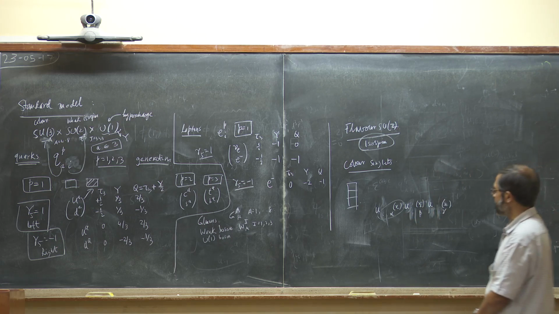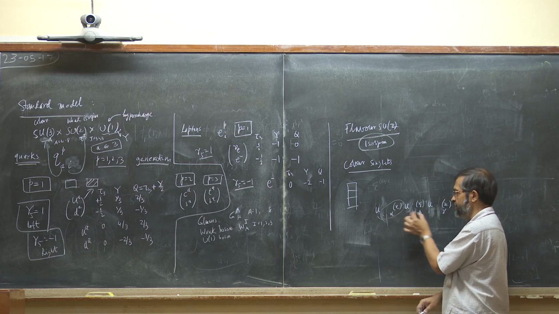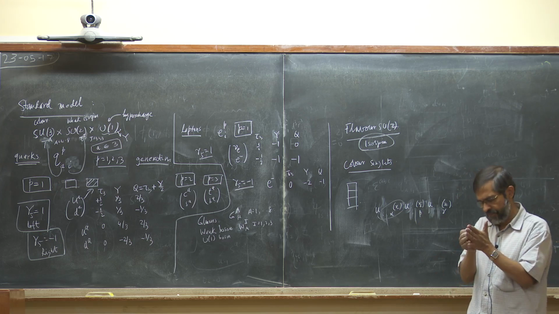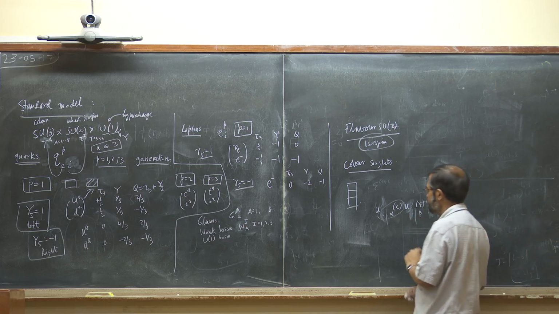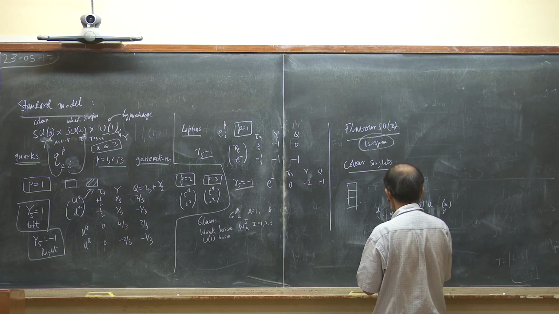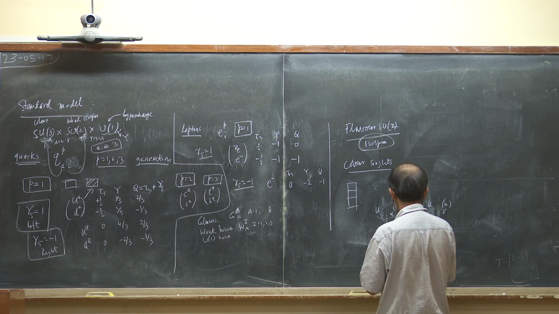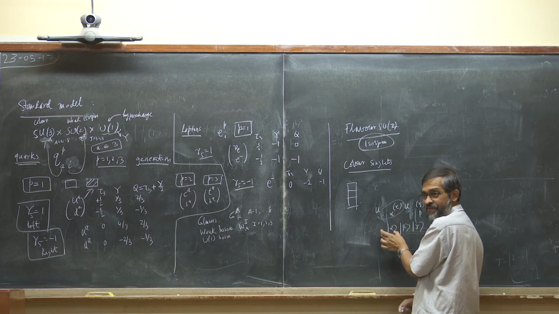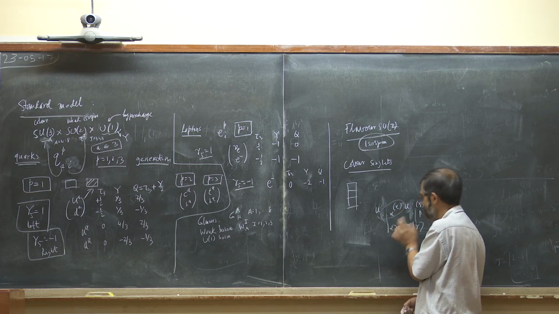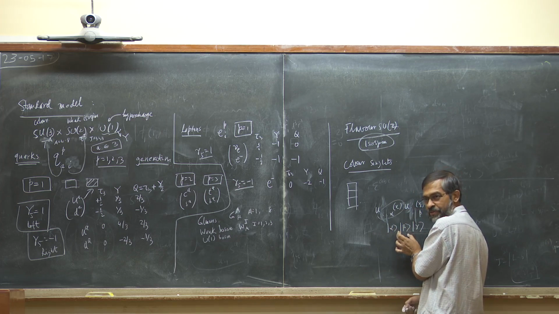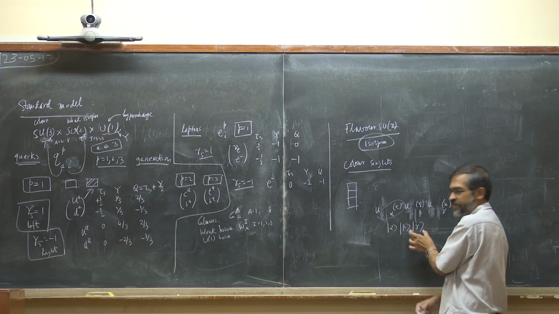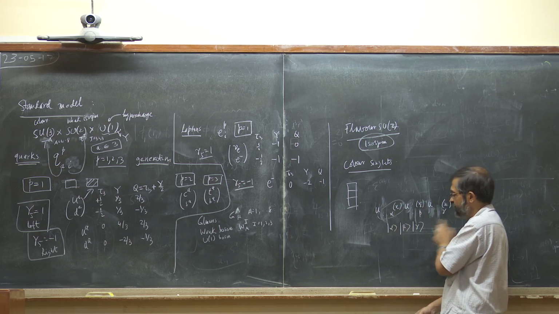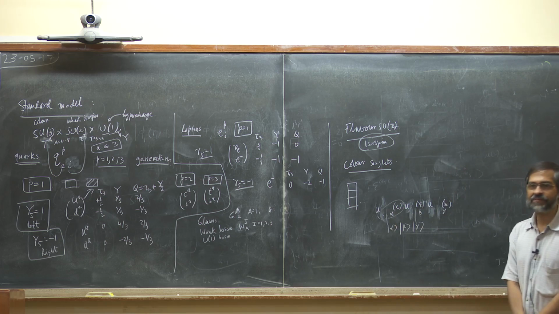So I must have alpha, beta, gamma, and this x, y, z. Remember that x simply labels the Hilbert space of the first slot, y labels the Hilbert space of the second slot, and z labels the Hilbert space of the third slot. So I can write this object as just alpha, beta, gamma.